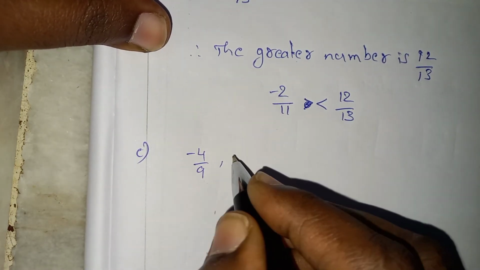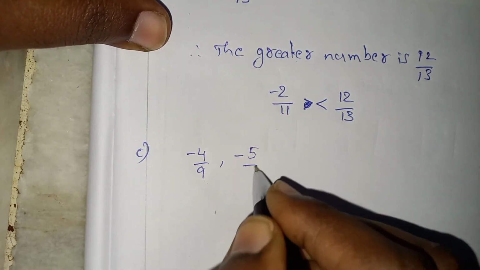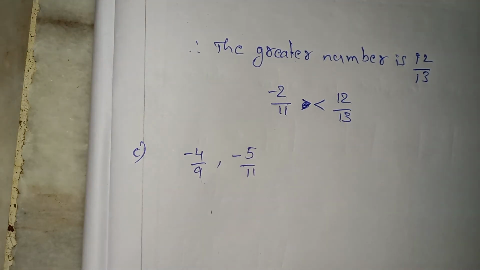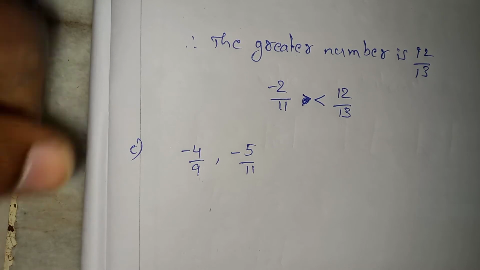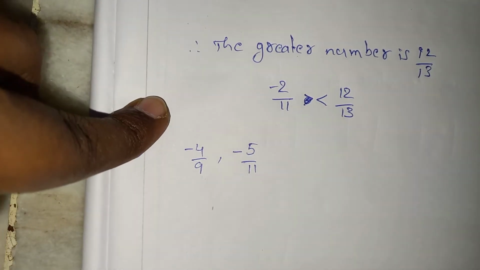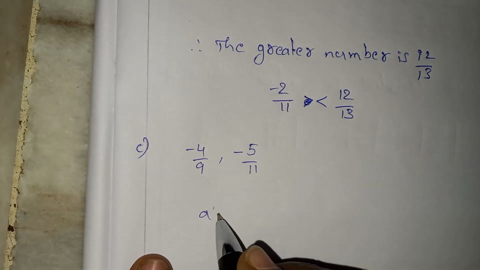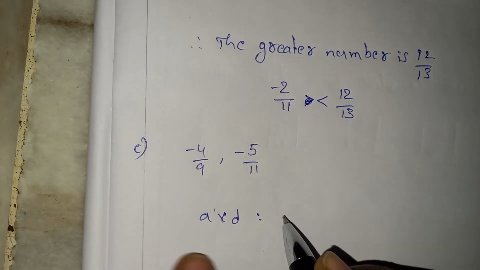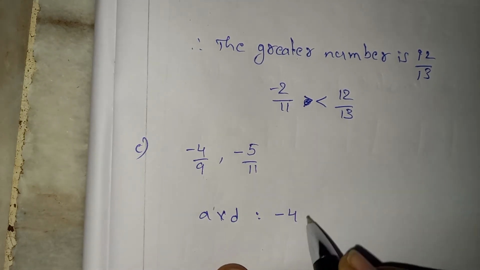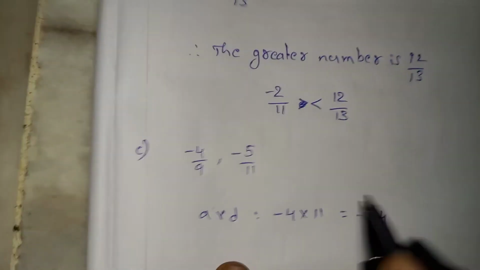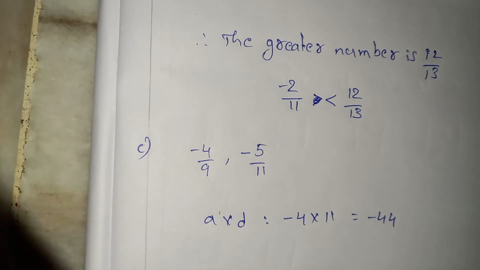Now I'll explain C. Minus 4 by 9 and minus 5 by 11. Shall we use the same formula? A into D means minus 4 into 11 means minus 44. Sorry.